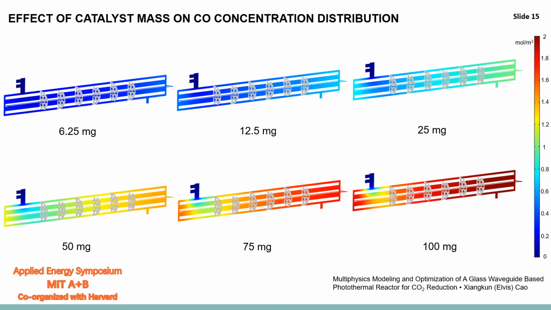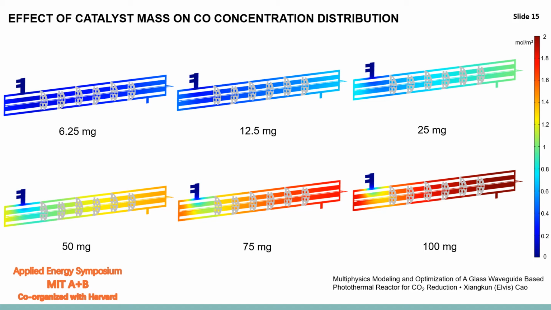If you directly compare these two, you can see if the catalyst mass is 100, the concentration of CO at the outlet will definitely be much higher than the 6.25 case. That is also expected because you fix the flow rates.